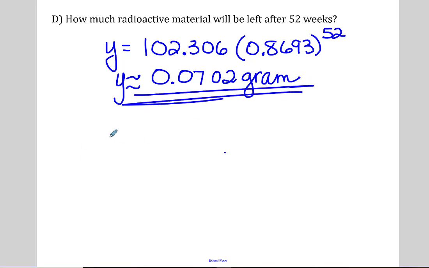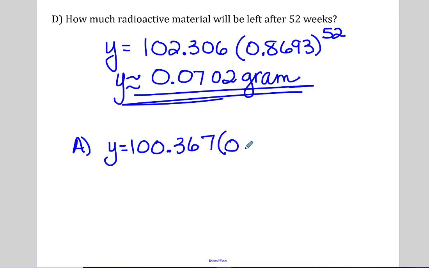Now my TI-84 gave me a different answer all the way through. On part A, on the TI-84, I got 100.367 times 0.879 to the x. On part B, my answer was about 5.4 weeks.